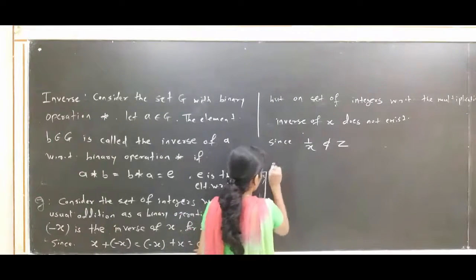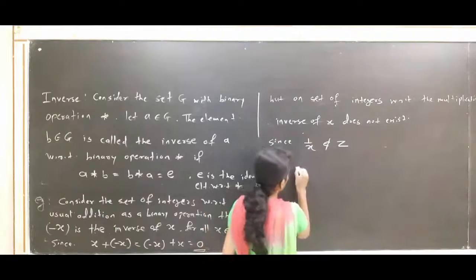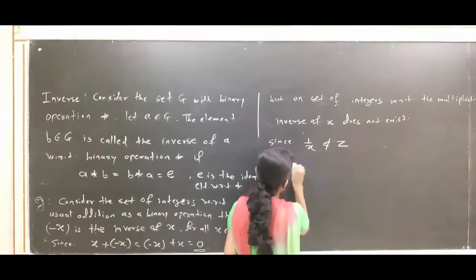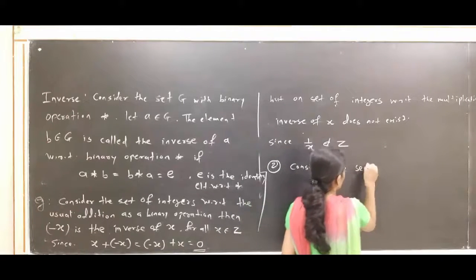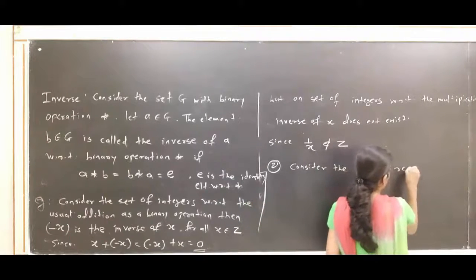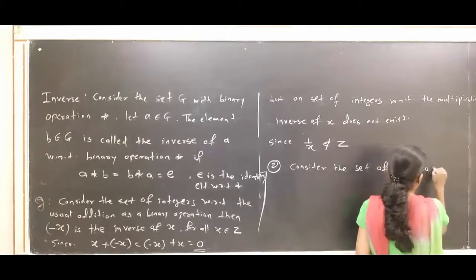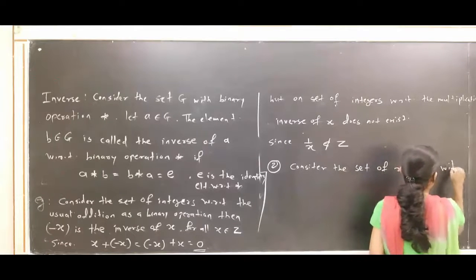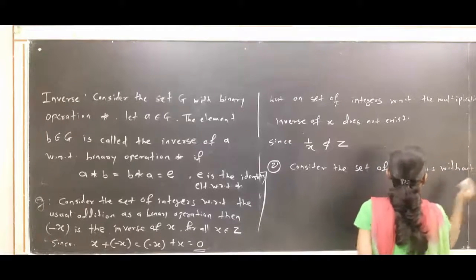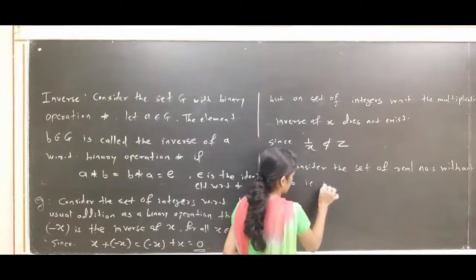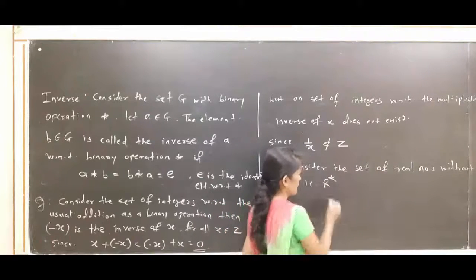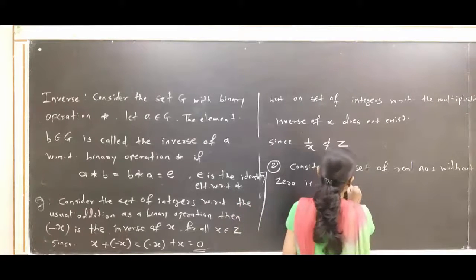So second, if we consider the second example, consider the set of real numbers without 0, that is, it is denoted by R star, right?